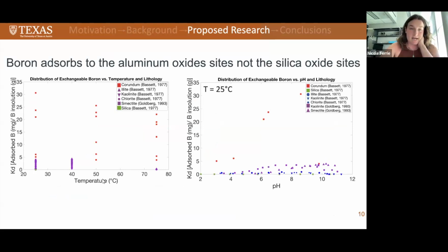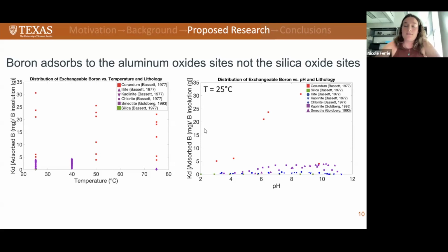Looking here at the left-hand side, we see that corundum, which is 100% aluminum oxide, adsorbs the most amount of boron, whereas in the green here, there's just 1 point for temperature. But silica oxide, or silica tetrahedra, adsorbs almost no boron. And then in the middle, which is purple, are the clays, which are composed of this aluminum octahedra and silica tetrahedra.